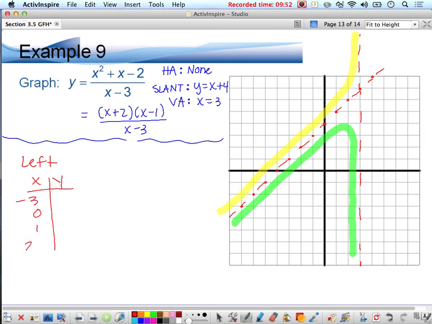Give me those. Take a minute. Go give me those y values. Negative 3 is negative 0.7-ish. Okay. 0 is positive 0.7.